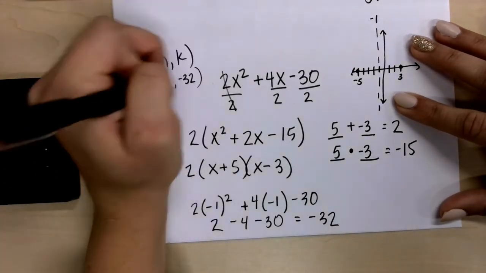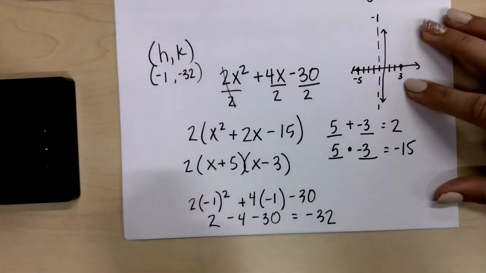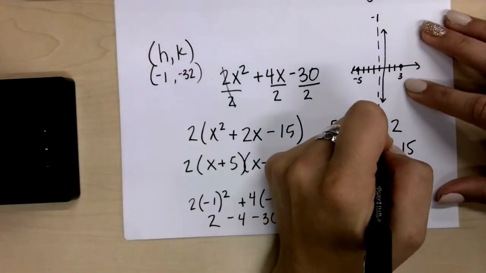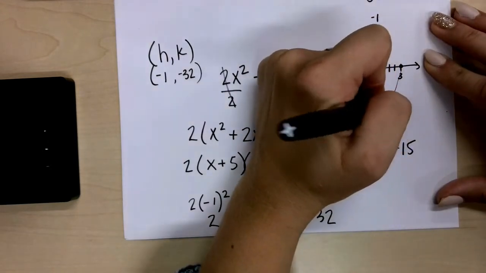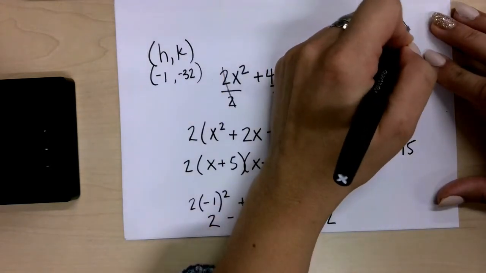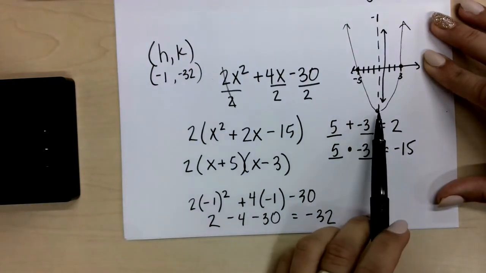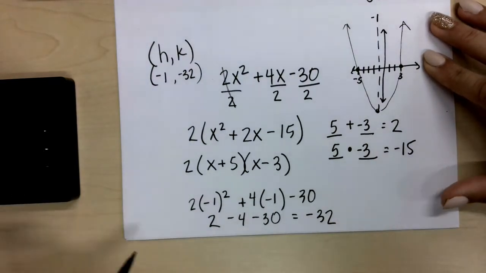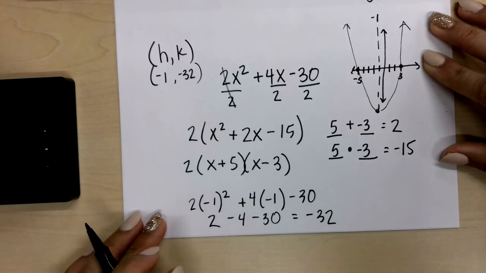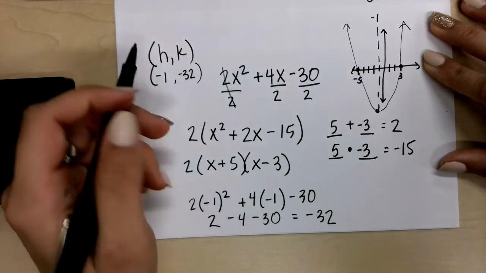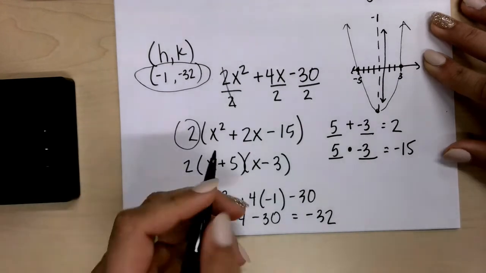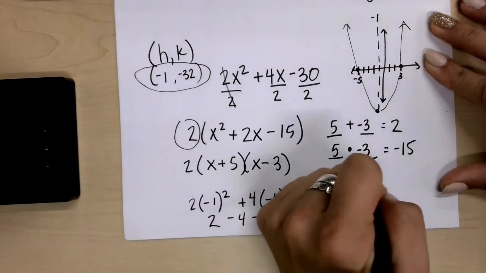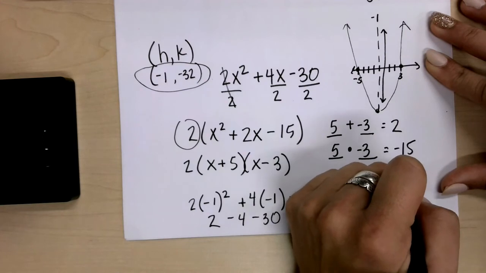So this is my vertex. So that would be way, way down here. And then I would have a parabola that kind of looks like this. And that makes sense because we said it should open down. Now to write this into graphing form, we would have to take our vertex and our a value and plug that into our equation here.